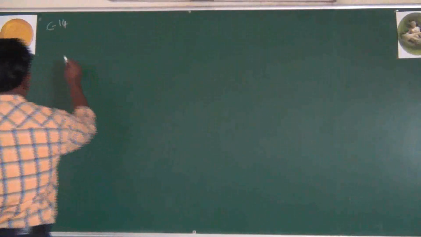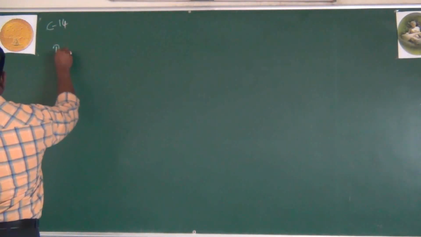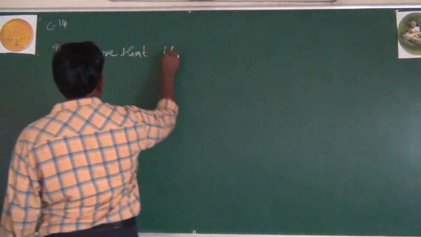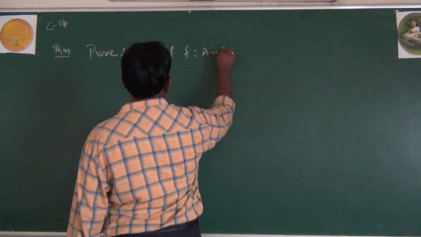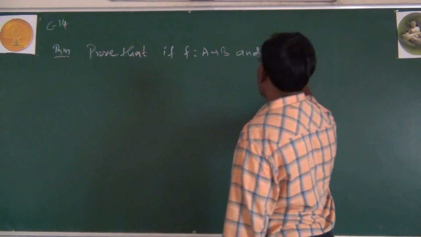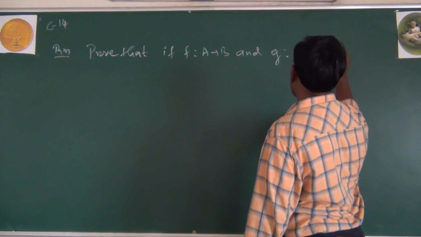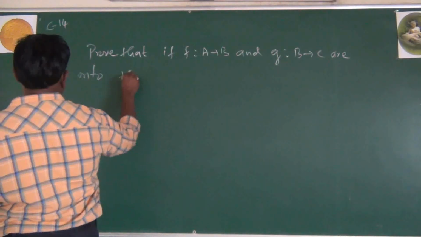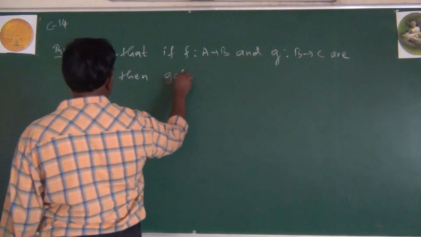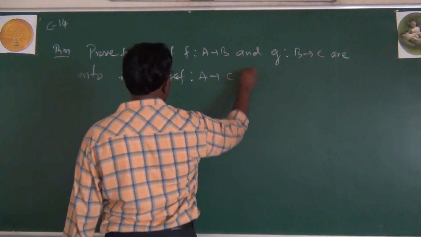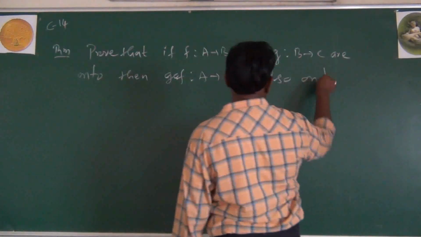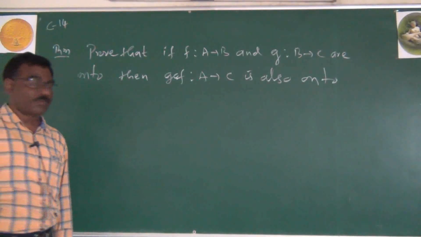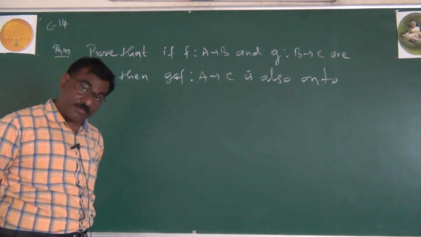Next, theorem 2. Prove that if f from A to B and g from B to C are onto, then g composition f from A to C is also onto. This is a very important definition and theorem.